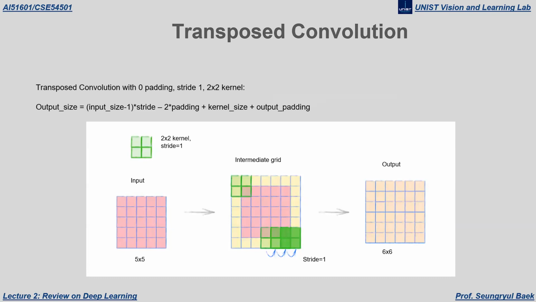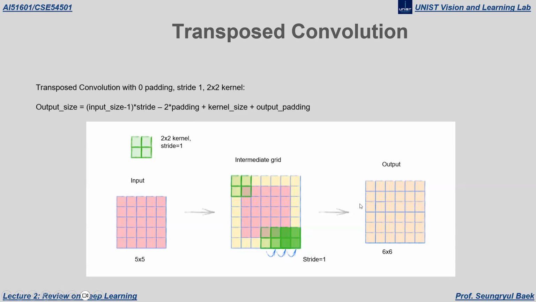I will show that. By default, in this transposed convolution operation, this is the input image, and this is the filter, a 2 by 2 filter, and the input image size is 5 by 5. By default, we apply zero padding around the input image, and then apply the convolution operation.